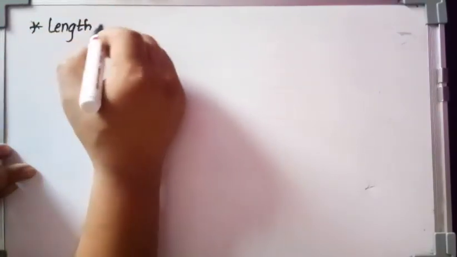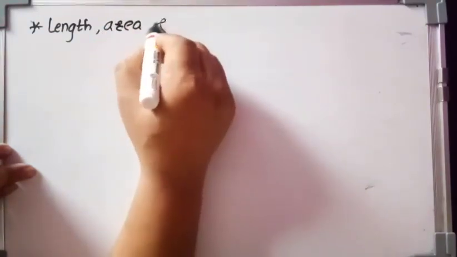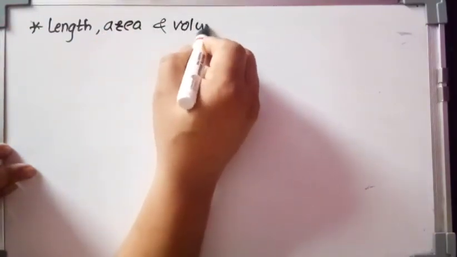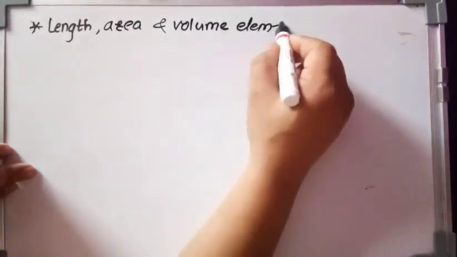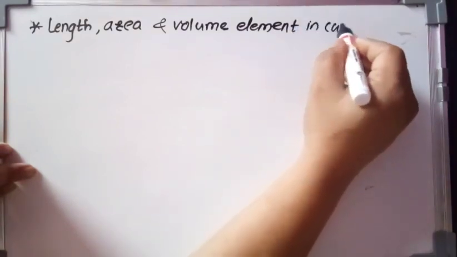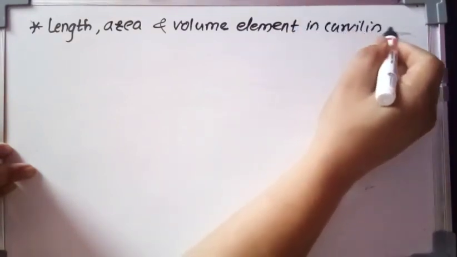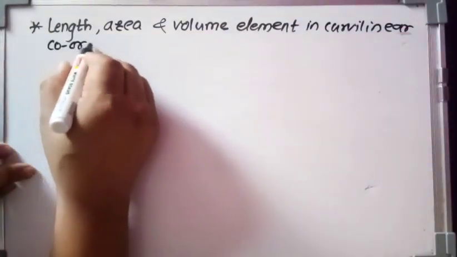Length, area and volume element in curvilinear coordinate system.